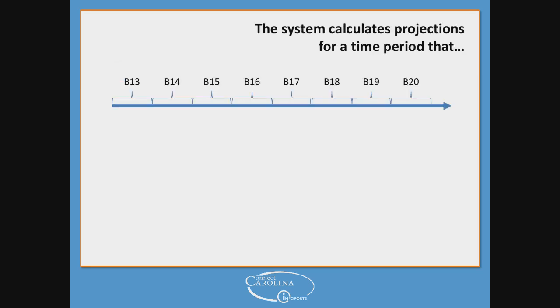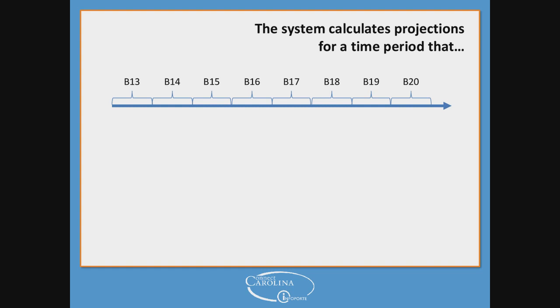Okay, so we've covered those three dates and what each of them is. Now Jackie's going to take us into how the system uses those dates to calculate projections. All right, thanks, Anita. I've got a timeline up here. We heard Chris talking about biweekly and B26.